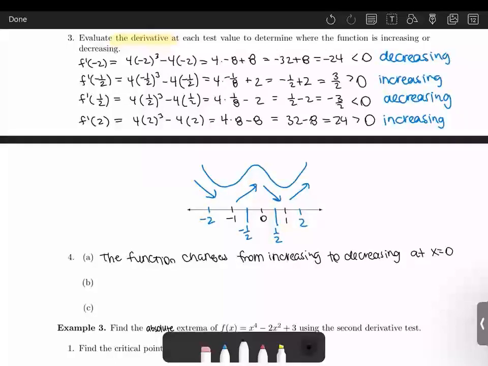So that's going to tell me that this is a maximum. And you can see in the way that we drew this, it does look like we have a maximum at x equals 0.